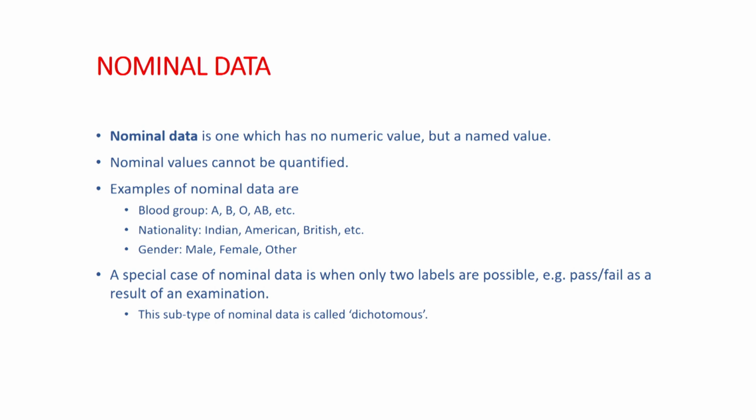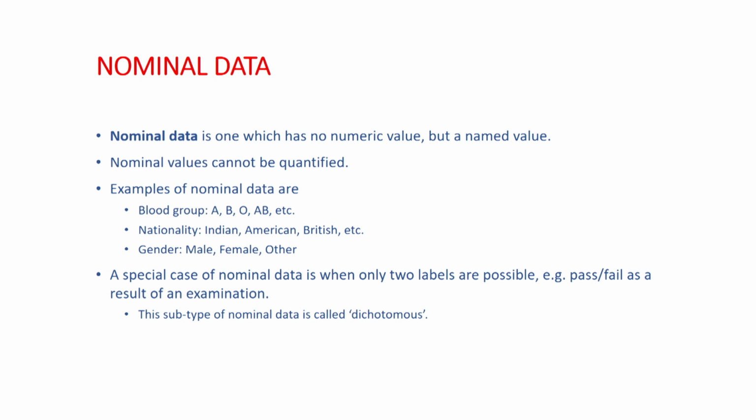Definitely it should not have numerical values, it should have only named values. So, each nominal variable will have only named values. These nominal values cannot be quantified, they are named values. Examples of nominal data are blood group, nationality or gender.